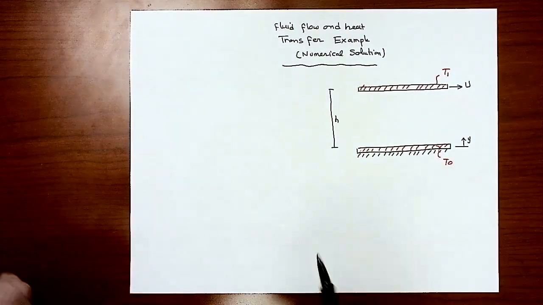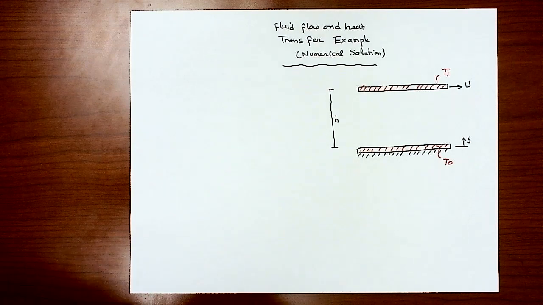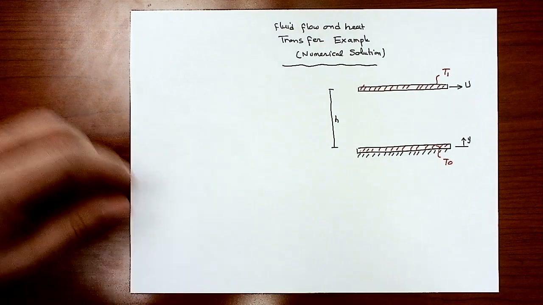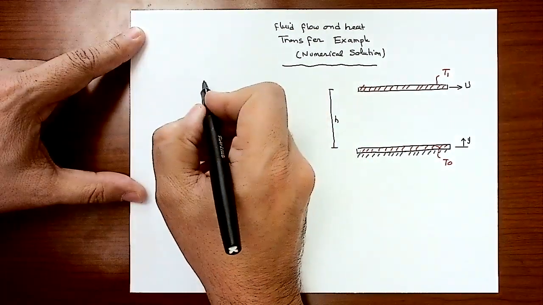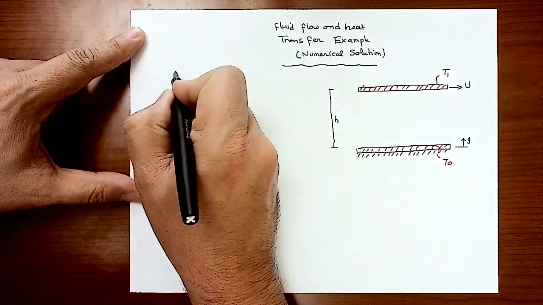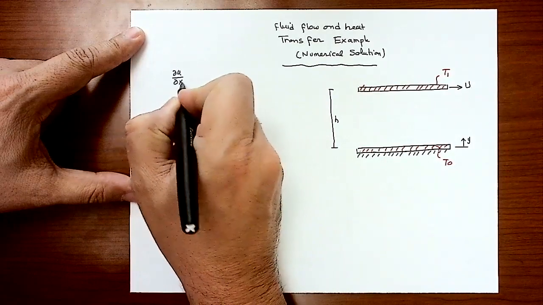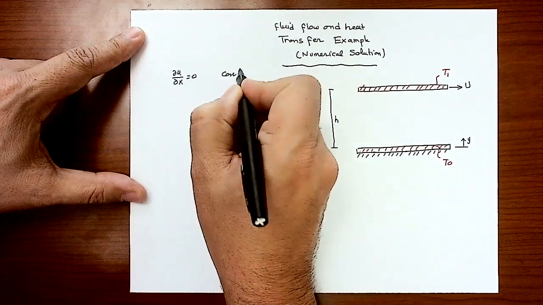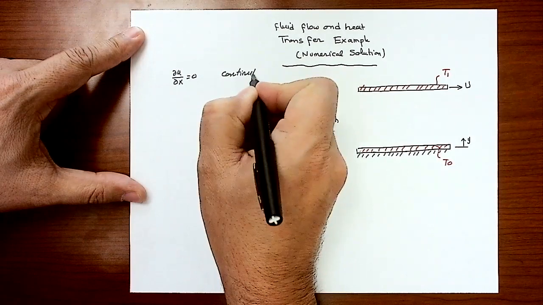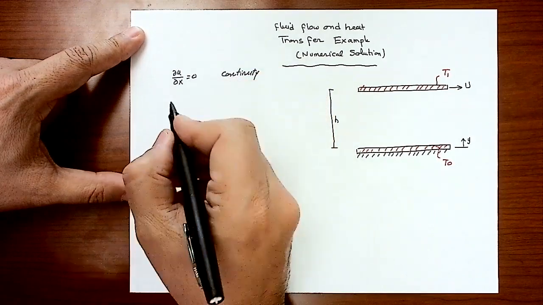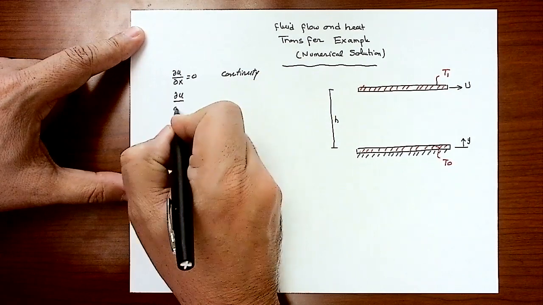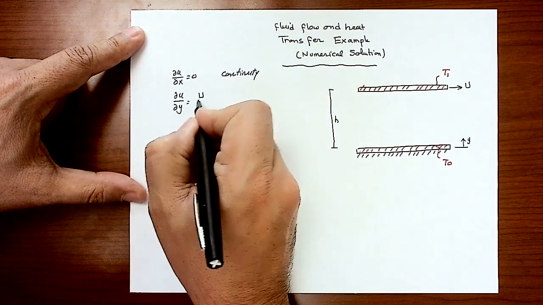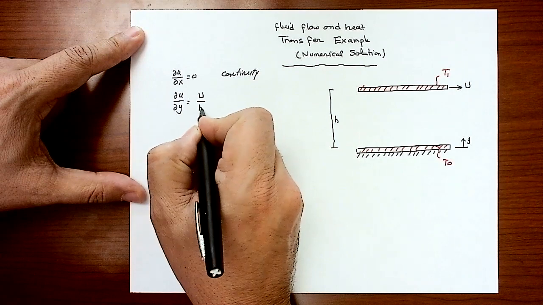So then after we simplified the continuity, momentum, and energy equation, we end up having, from the continuity, partial u by partial x equals 0. That's the continuity. And for the momentum, we got partial u by partial y equal u over h, right?